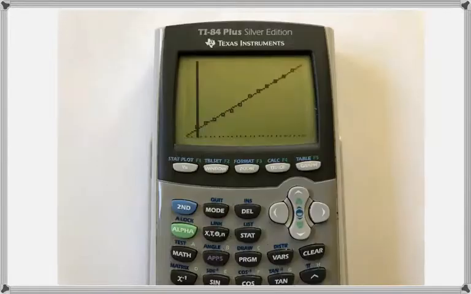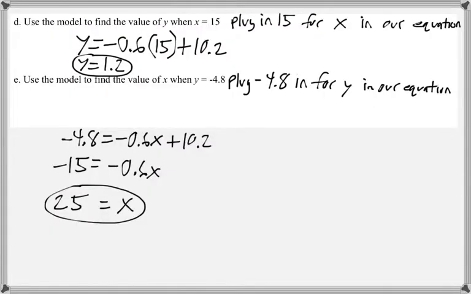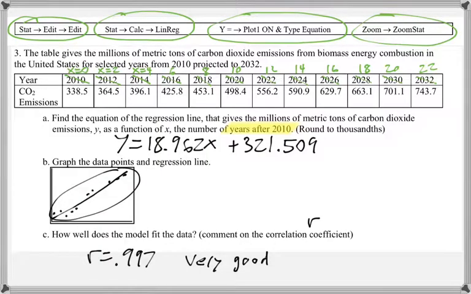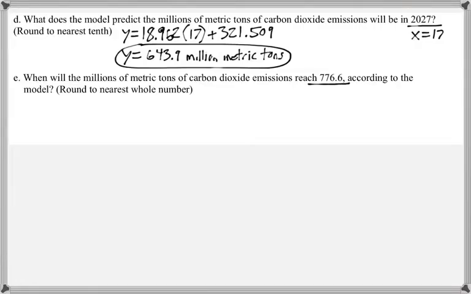Again, if you go back to the problem, these are our X, these are our Y's. So I'm going to plug that in for Y. And then I need to solve for X.